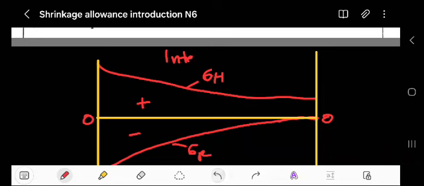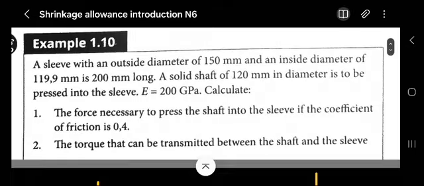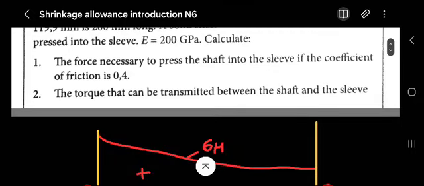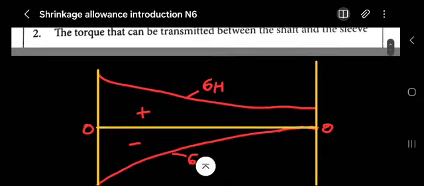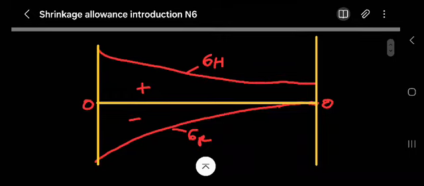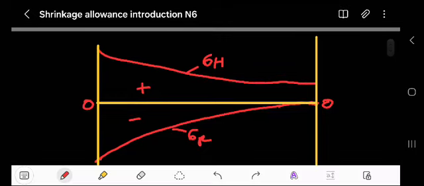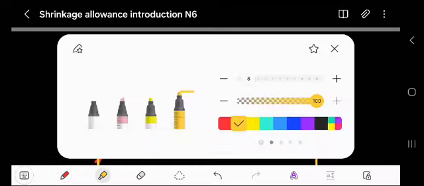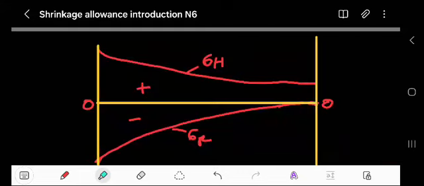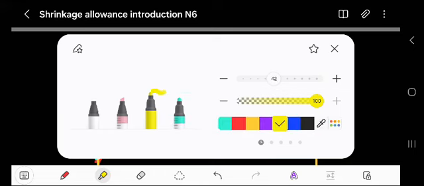Remember, this is not a compound, guys. We have a sleeve and a solid shaft. I've discussed the solid shaft and the sleeve. We're using this, right? So what is the pressure here at this point? We're often given it, I don't know if we're given it in this scenario.